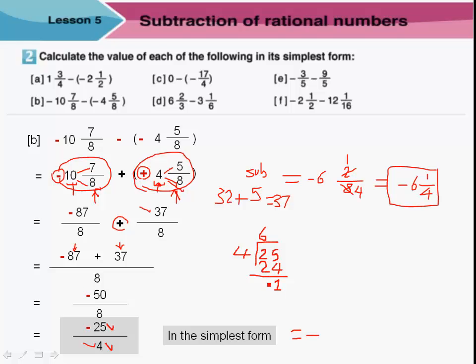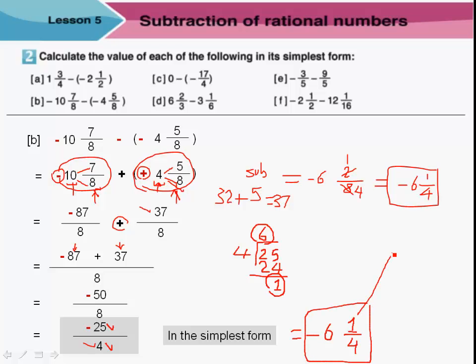So the result will be 6 and the remainder will be 1. The remainder, I told you, put the remainder as the numerator, and the denominator is 4. And this is the final result.